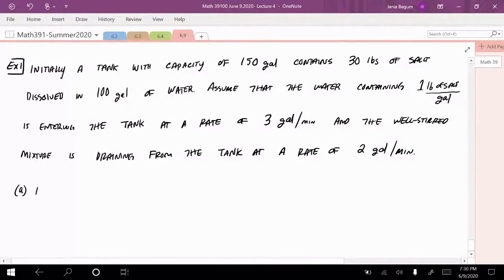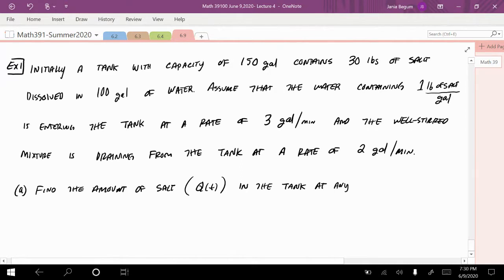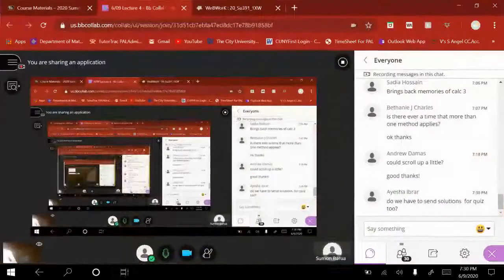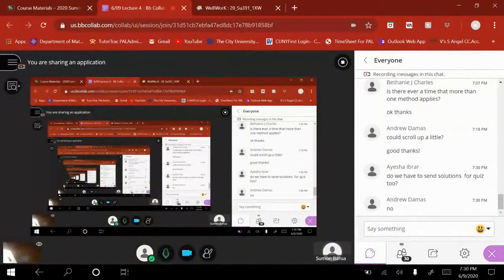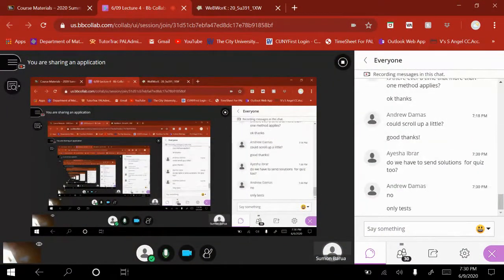So A, find the amount of salt. So that means you're looking for Q of T, right? Because that's the amount of salt in the tank at any time T. Yeah.